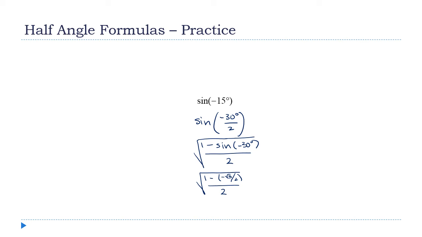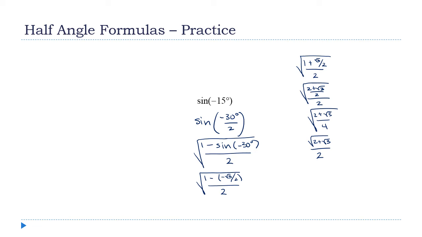And now I've just got some algebra to do. This is the square root of 1 plus the square root of 3 over 2, over 2. And I'll do a common denominator: square root of 2 plus the square root of 3 over 2, all over 2. So that's the square root of 2 plus the square root of 3 over 4, which is the square root of 2 plus the square root of 3 over 2.